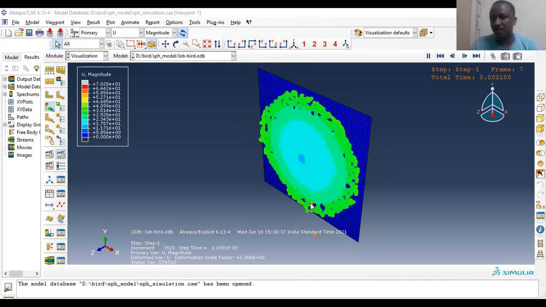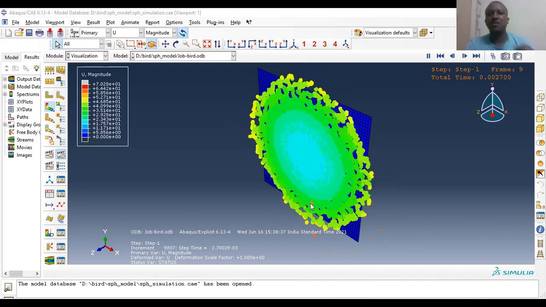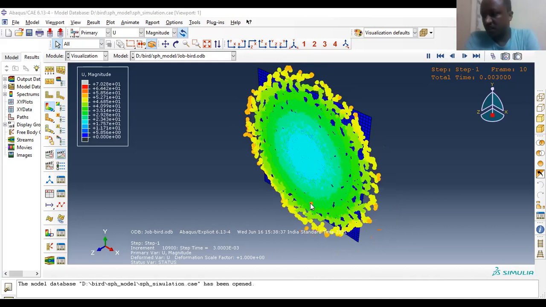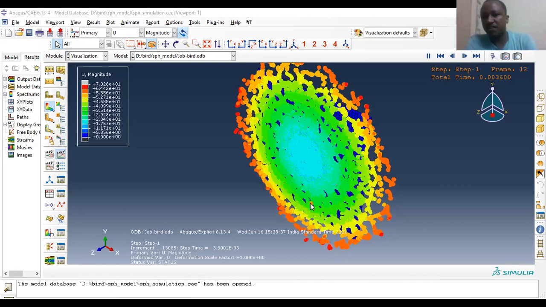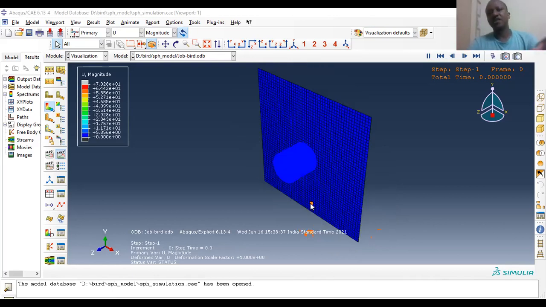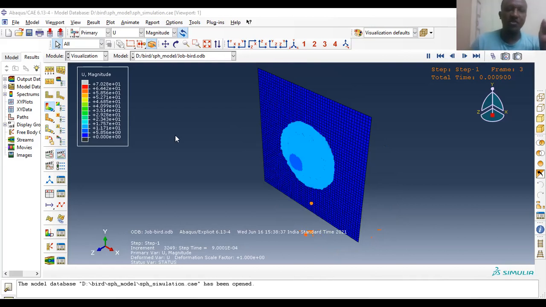Some flights have faced such a problem. So what will happen in the structure when it is facing such an impact, and what is happening to the bird itself? That is the situation which we are going to simulate.